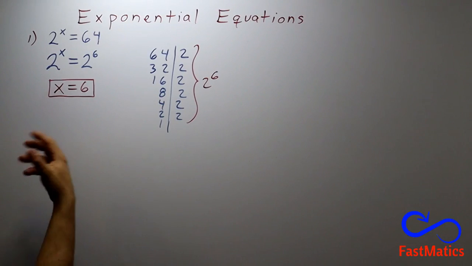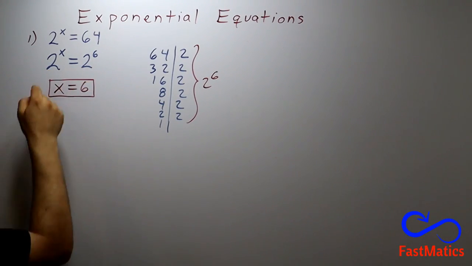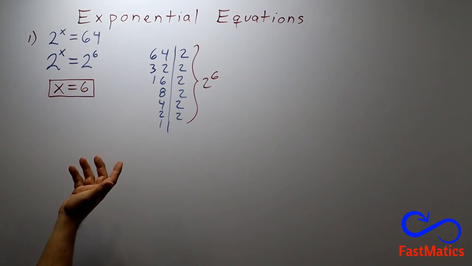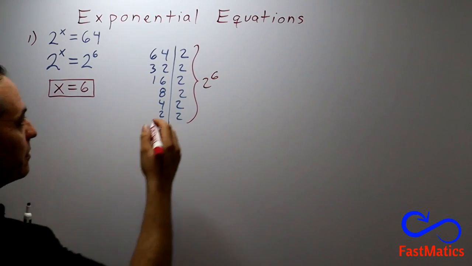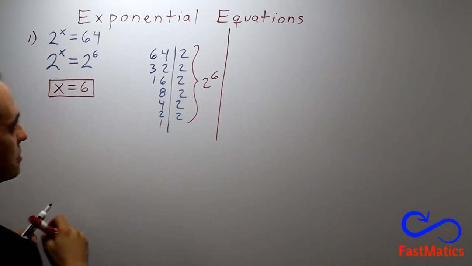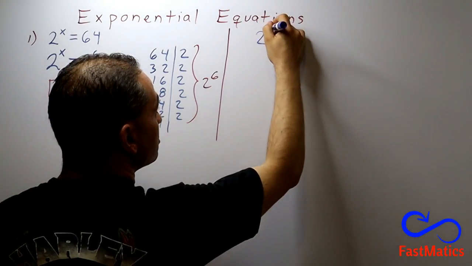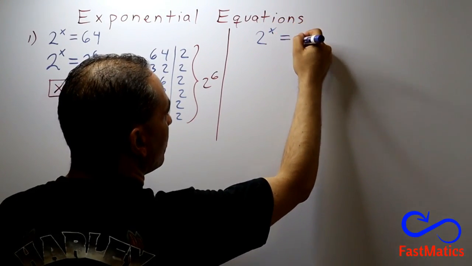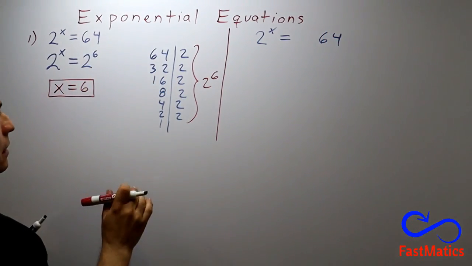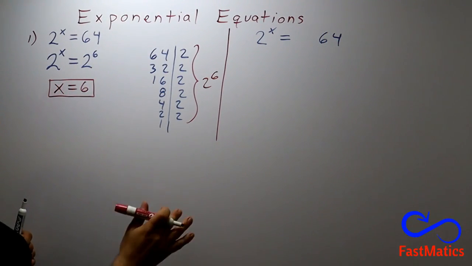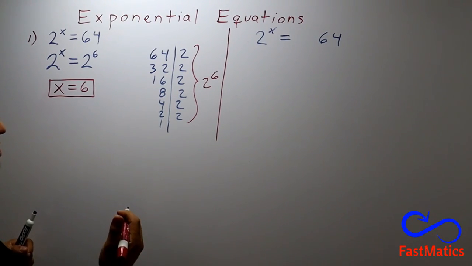Unfortunately, sometimes it is not possible to get a 2 here and a 2 here, or maybe a 3 here and a 3 here. That's why we are going to explain another method for doing the same thing. Another method. If you have 2 raised to the power of x equal to 64, we need to analyze the logarithm properties that we saw in our last video.